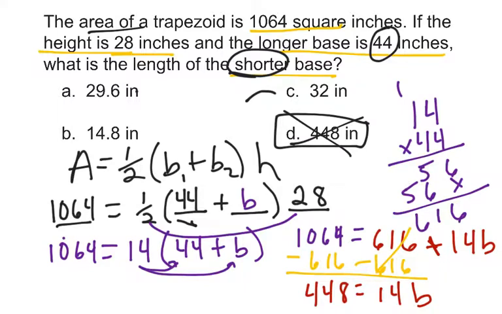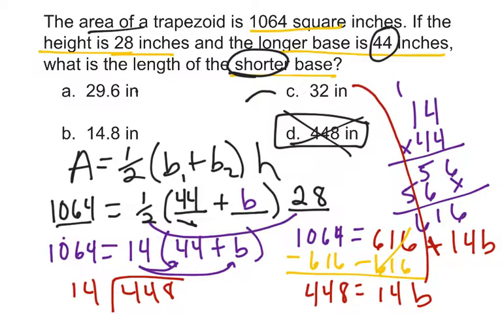In this case, you probably can figure out which is the correct answer. You could always take it to that last step and divide 448 by 14, or you can make a realization, and that is to say, let's see what happens if we plug in a number that is reasonable. And using estimation, we can see that the number is probably going to be close to 30.